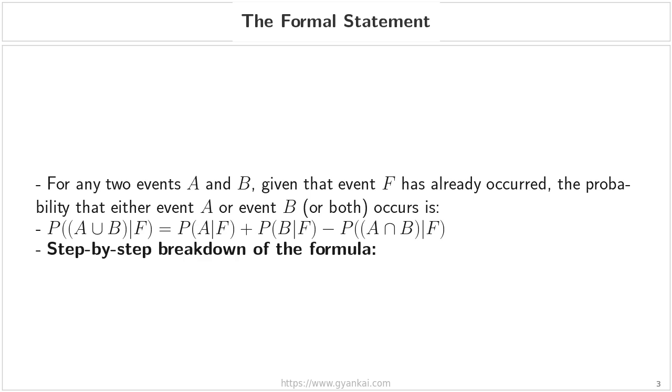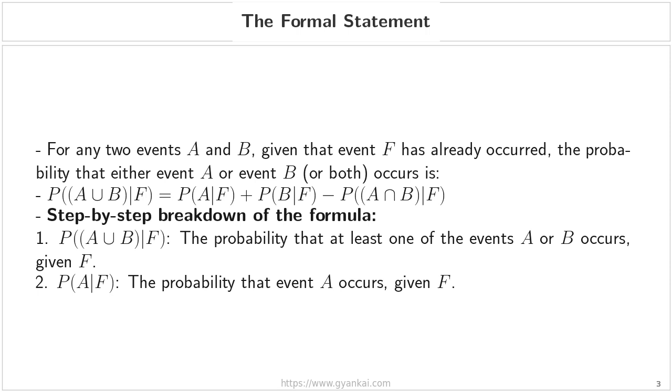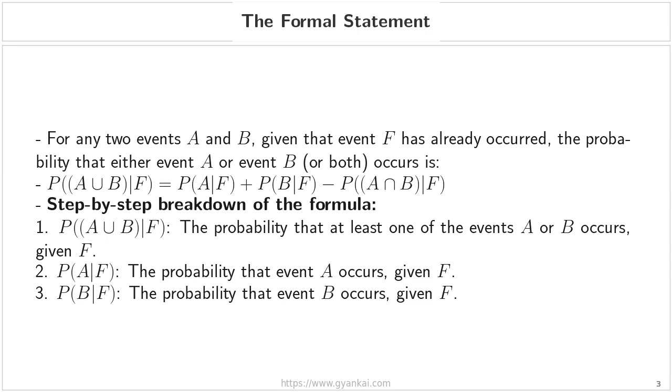To make sure we are all on the same page, let's break this formula down step by step. First, the term on the left, the probability of the union of A and B given F, represents the probability that at least one of these two events occurs, provided we are already working within the context of event F. Next, we have the probability of A given F, which is simply the probability of event A occurring within our restricted sample space of F. Then, we have the probability of B given F, which is the probability of event B occurring within that same restricted space.